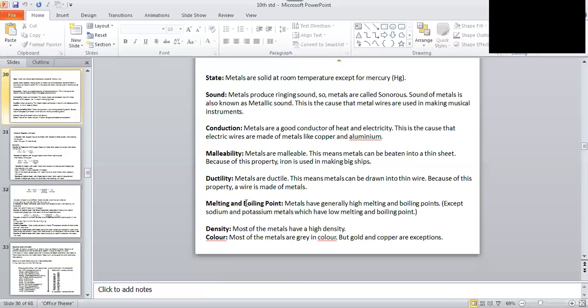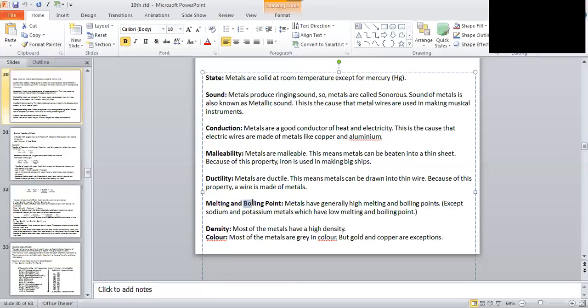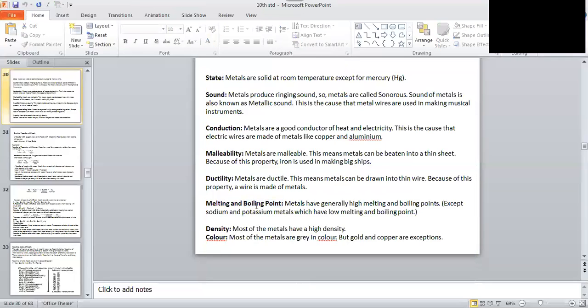Another definition of boiling point is the temperature at which the vapor pressure of a liquid is equal to atmospheric pressure. So the meaning of melting is conversion of solid into liquid, and the meaning of boiling point is conversion of liquid into vapor or gas state.